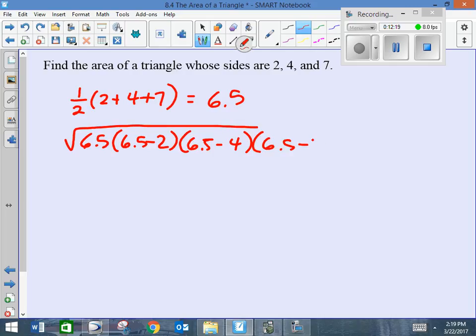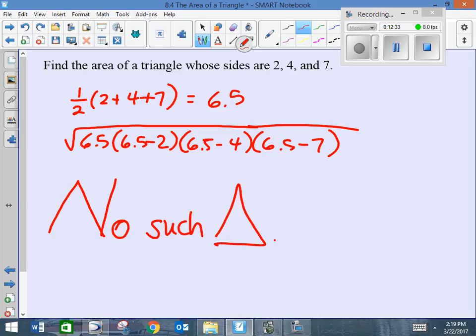And then this is the point where you're like, oh, hey, that's going to give me a negative something under there, which means what? No triangle. Okay? What was another clue? That's right. 2 plus 4 is not greater than 7. Okay? It has to be. So you're going to show up with no.